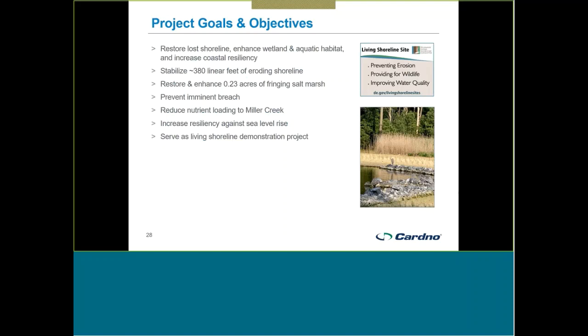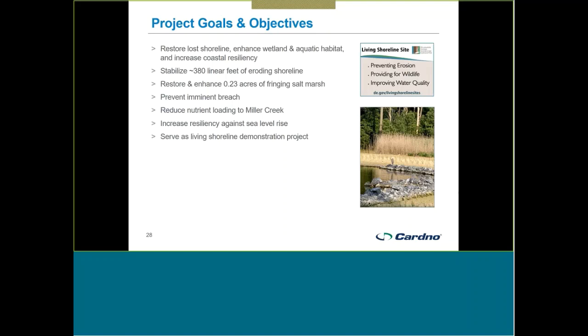We worked with the various stakeholders and the landowner and came up with a list of project goals and objectives that really focused on restoring the lost shoreline, enhancing the wetland and aquatic habitat, and increasing resiliency of this particular shoreline. It turned out that this was done through stabilizing a little less than 400 linear feet.